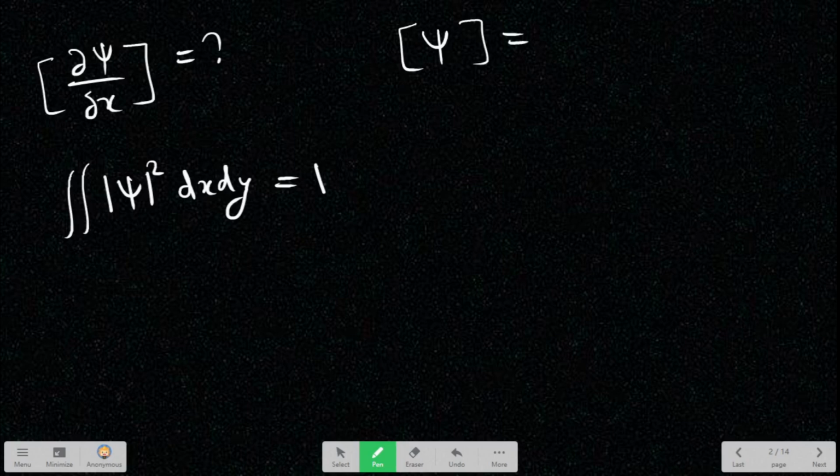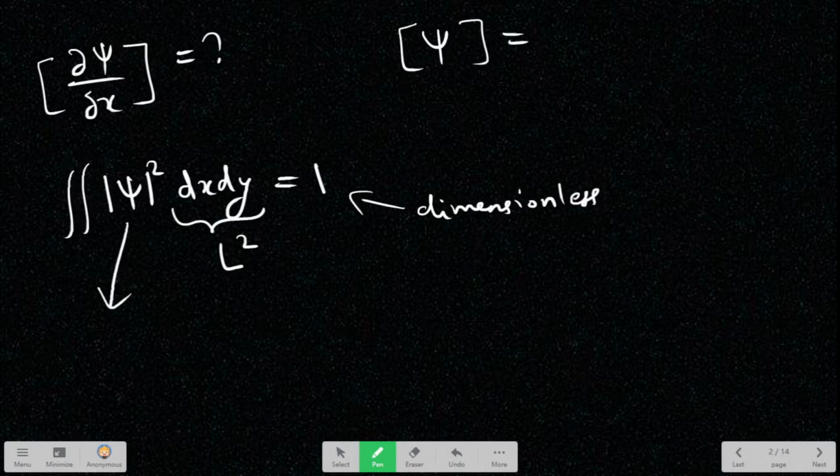So from here in RHS we have a dimensionless quantity. Therefore LHS must also be dimensionless, and dx dy has dimension of L square. Therefore dimension of psi mod square must be 1 by L square.